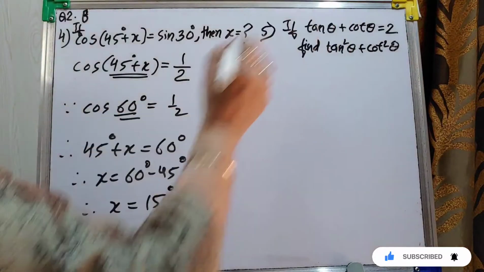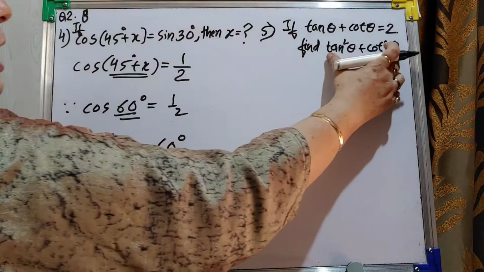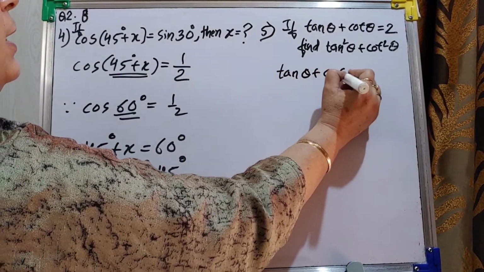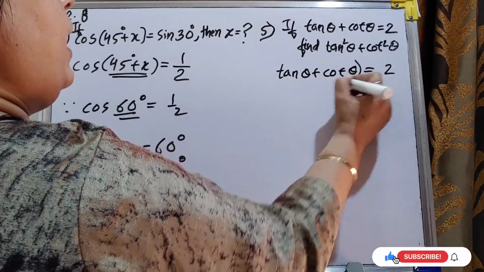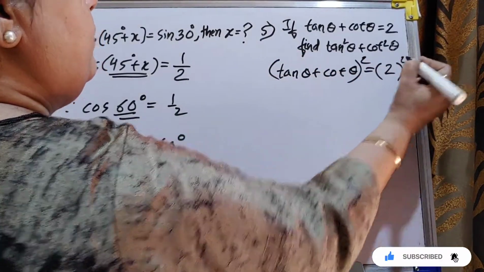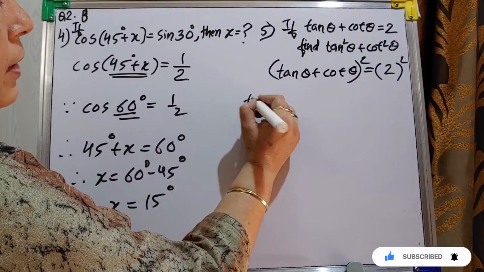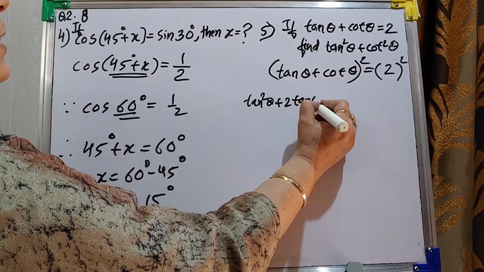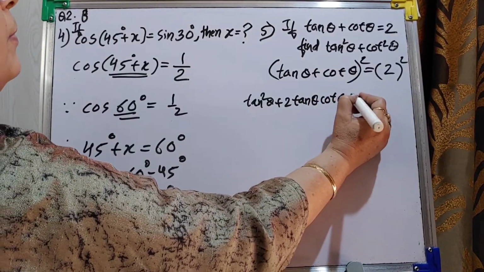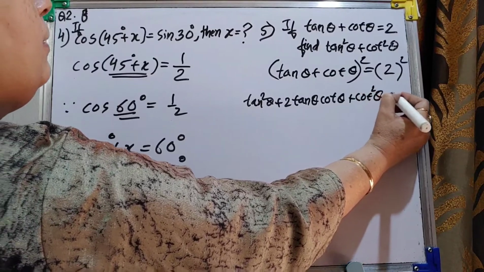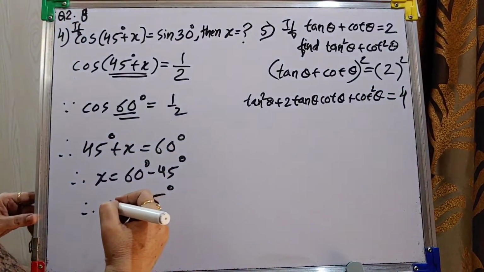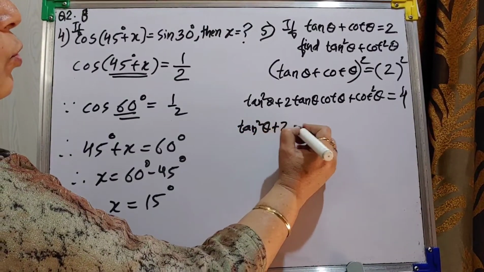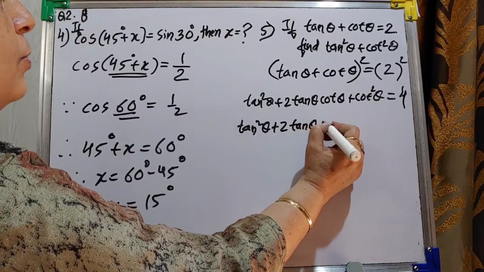Now tan theta plus cot theta is given as 1 and you are asked to find this value. So I'll take tan theta plus cot theta equals 1 and take the square on both sides. You know a plus b the whole square. So tan square theta plus 2 tan theta cot theta plus cot square theta, and 1 square is 1.